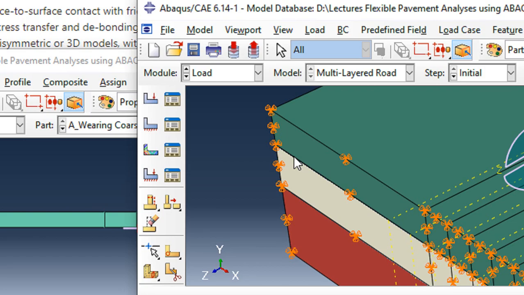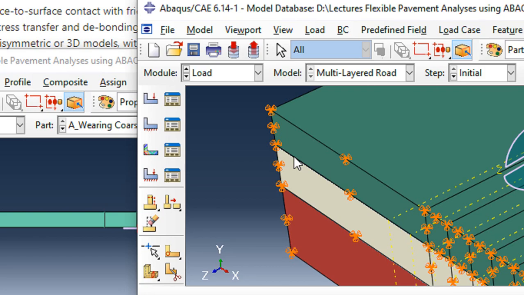Before that, I discussed the pavement soil interaction or interlayer interaction, which is in the category of the contact definition. The contact is very important. Surface-to-surface contact with proper interaction coefficients would simulate the interface behavior.